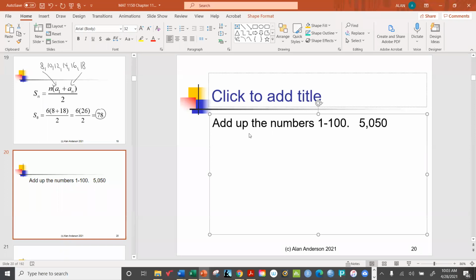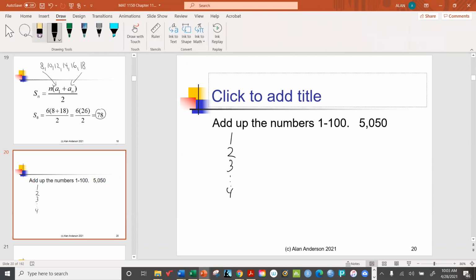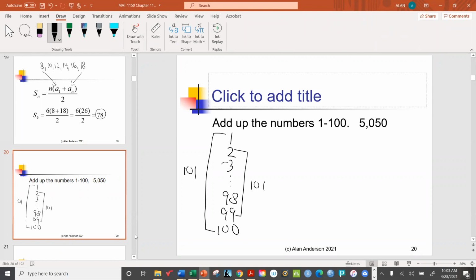If you write all the numbers down, and you take the first and the last numbers and add them up, you get 101. If you add the second and the second to last numbers, you get 101. If you do it with the third pair of numbers, it's 101.